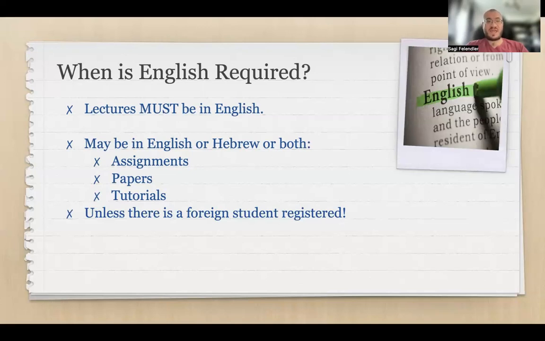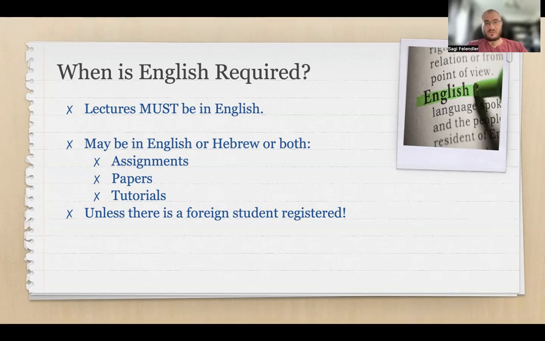You cannot have assignments, papers, and tutorials in Hebrew if you have a foreign student registered who does not speak Hebrew. So if you have one or more foreign students who don't speak Hebrew in your classroom, then of course you have to have English options for everything, because those students will not be able to engage with the Hebrew.